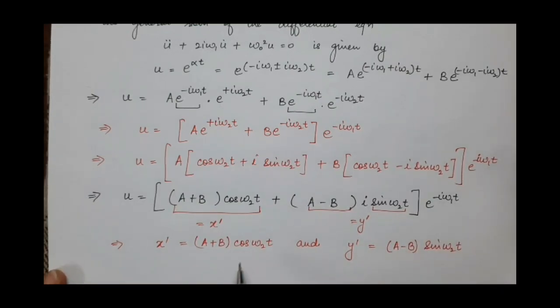Find the value of cos omega 2t from this equation. What will be the value of cos omega 2t? It will be equal to x dash upon a plus b and the value of sin omega 2t will be y dash upon a minus b.